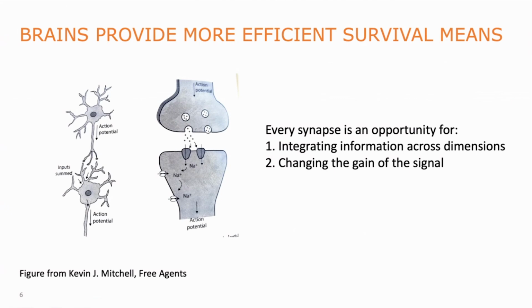And also, every synapse becomes an opportunity to change the gain of the system, to change the amount of importance of that system. Essentially, a synapse is where you change the relevance of that information to behavior by either downregulating that synapse, the amount of information transmitted from presynaptic boutons to postsynaptic elements, or upregulating it, giving more relevance to that information.